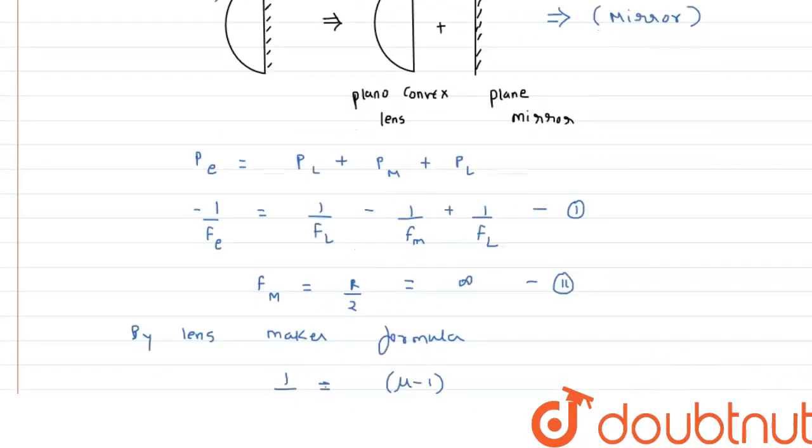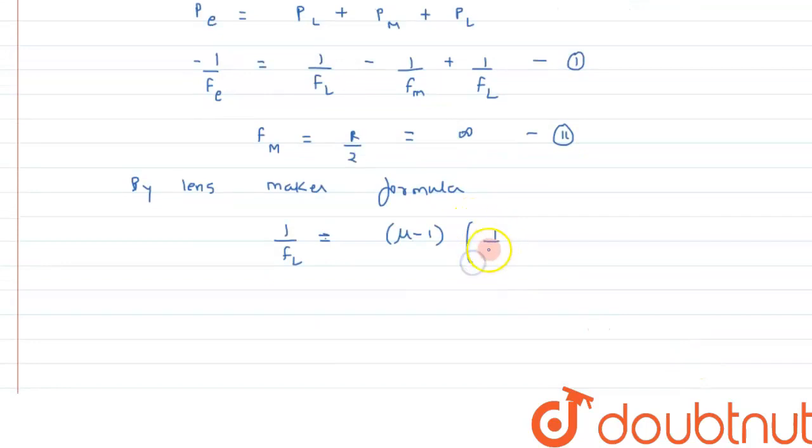So we get 1 over r minus 1 over, for the plane surface the radius is infinity, so the result is mu minus 1 by r. This is the value of 1 over Fl we are getting. Let's say this is our equation number 3.